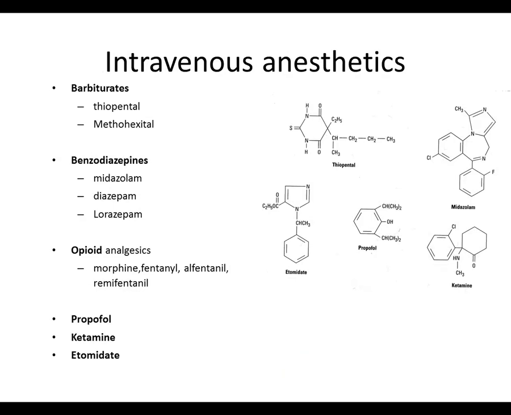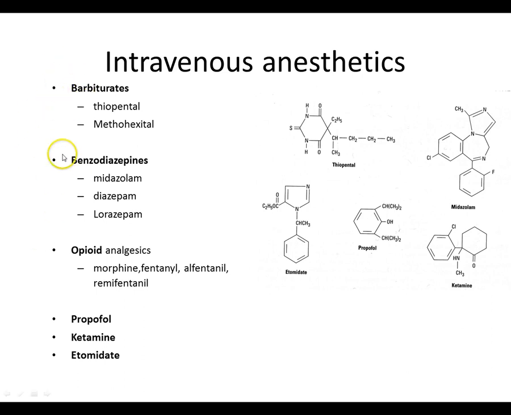Okay, so now moving on to the IV anesthetics. These are a diverse combination of different drugs that have diverse activities, obviously diverse structures. The barbiturates and the benzodiazepines you will talk about again with Dr. Franklin as sedative hypnotics, as anti-anxiety, anti-seizure drugs.